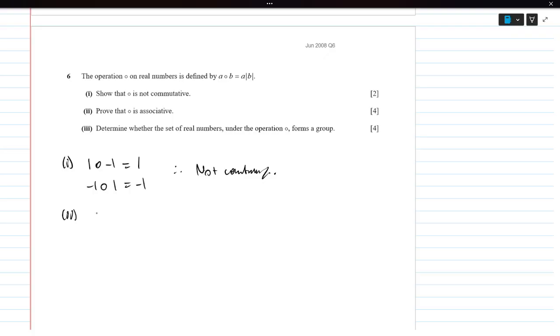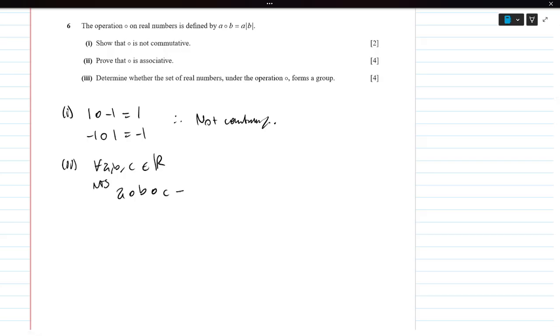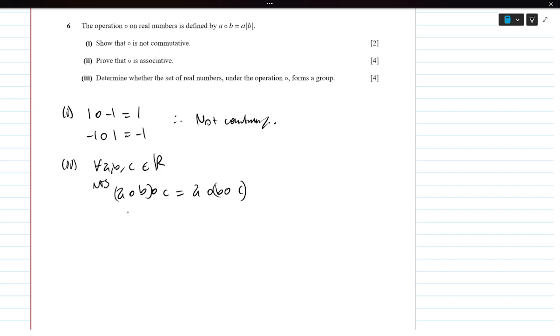Is this associative? So we need to consider all a, b and c which are real. I always put the two dots, which is wrong. I need to show that a * (b * c) is equal to (a * b) * c. a * b is this, which is going to be annoying.